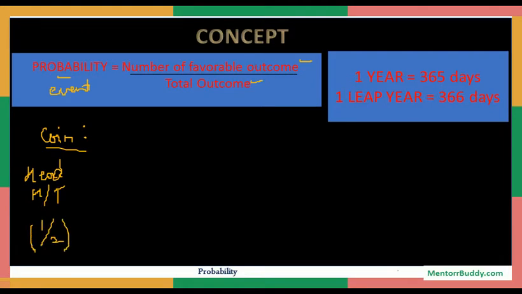So the probability of getting head or tail is going to be half. Another practical example: on a particular day it will rain or it will not rain. Again it is going to be 1/2.